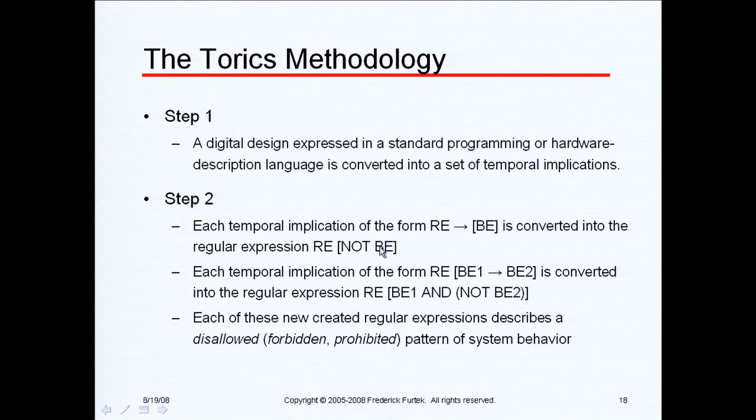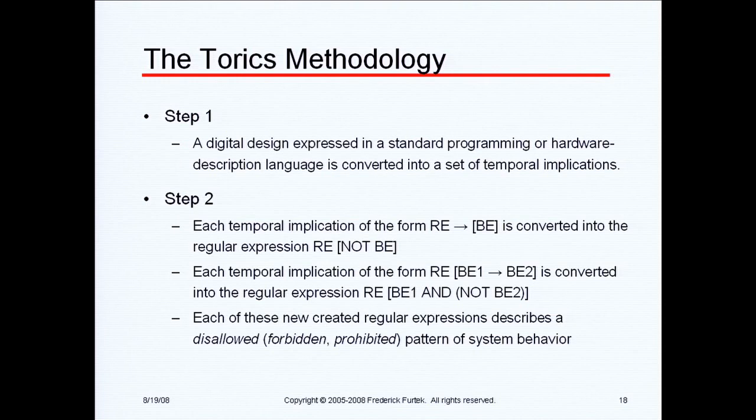Now we've accomplished a couple of things here. We've gotten rid of the implication, and we've converted it into something that's purely a regular expression. That greatly simplifies the underlying mathematics and the algorithms.